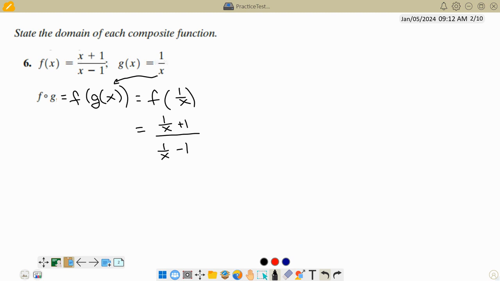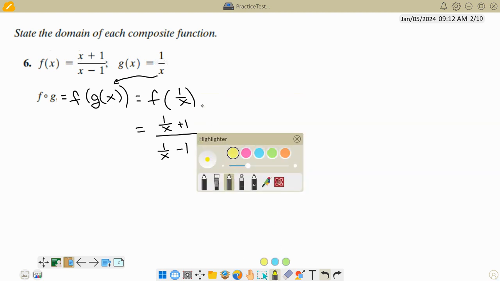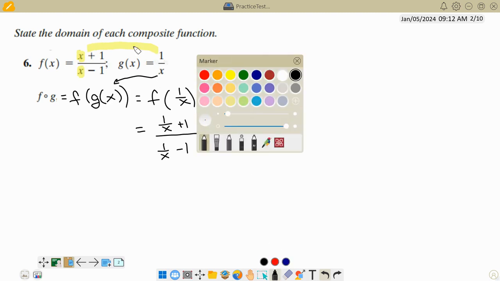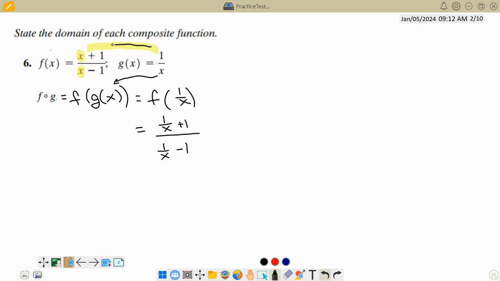See, what I did was I looked at my f function. I said, hey, there's an x right there. There's an x right there. So I'm going to replace those x's with the 1 over x. Man, I hope I'm making that clear. So we're replacing the x with 1 over x in each one of those spots.